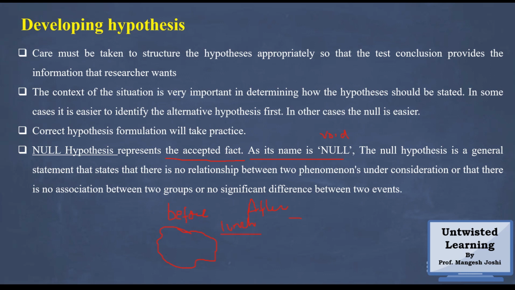Then you will have some sample before lunch and you will have some sample after lunch, right? So you will get two parameters, that is, let us say mu1 and mu2, right?